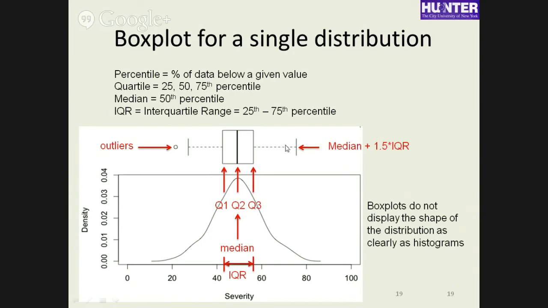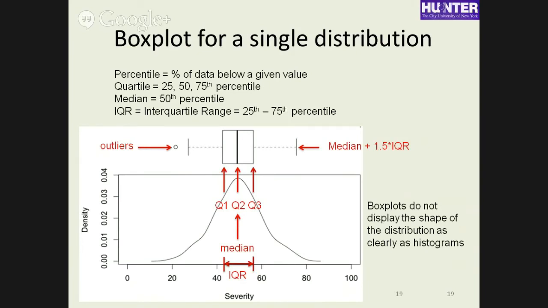You can kind of see it here. This is the IQR, it's about 20 wide or something, so 1.5 times that would be 30. So it's about 1, 2, 3. So that's a box plot.